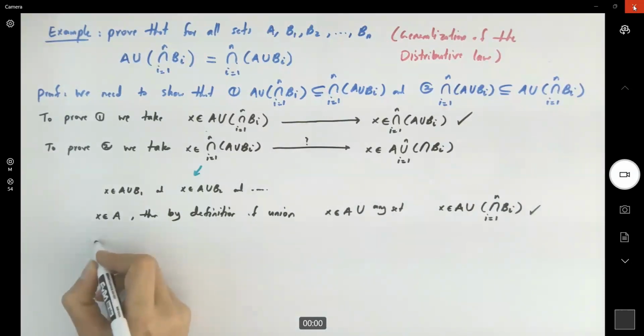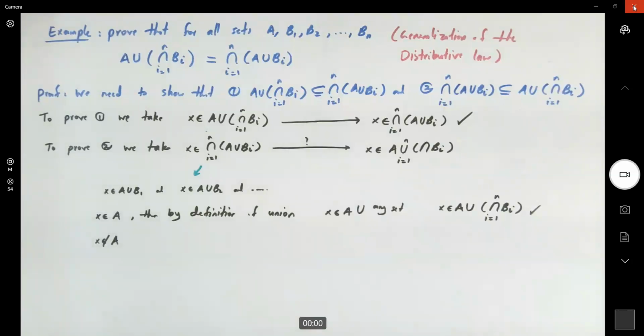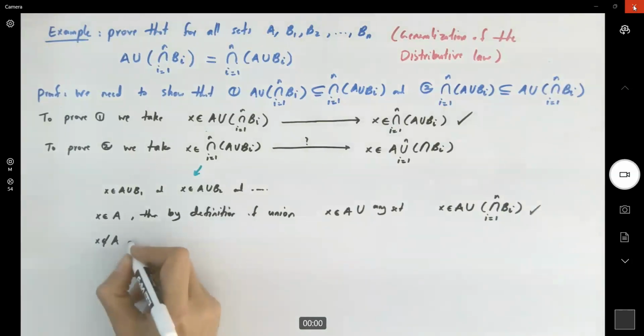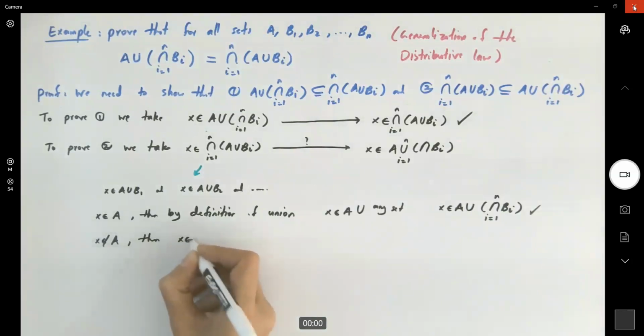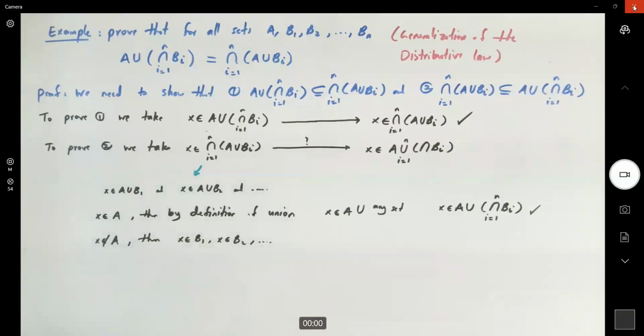However, if x is not in A, then what do we have here? x is a member of each of these Bi's. Then x belongs to B1 and x belongs to B2 and the rest of them, all right? Because x belongs to each of these sets, not in the first set, so it must be in the second set. So it is a member of the union.